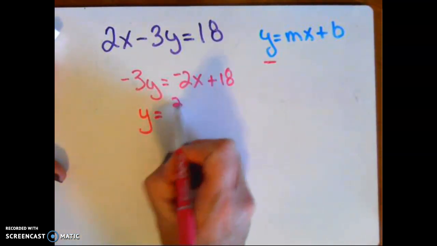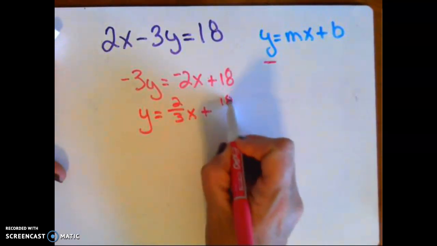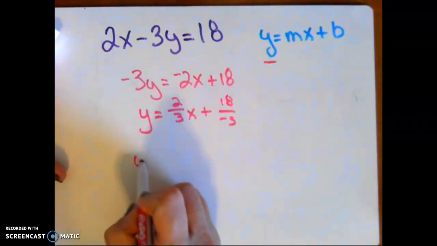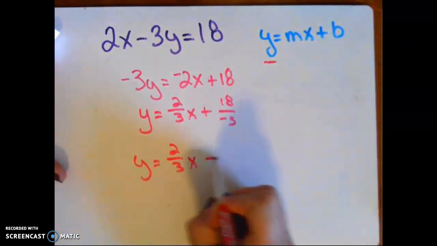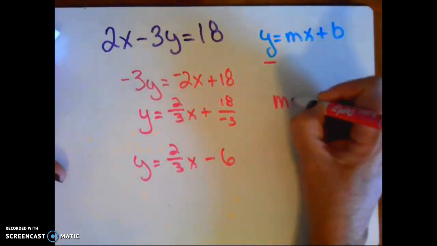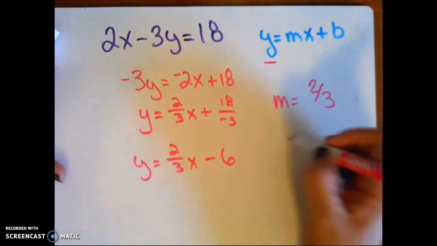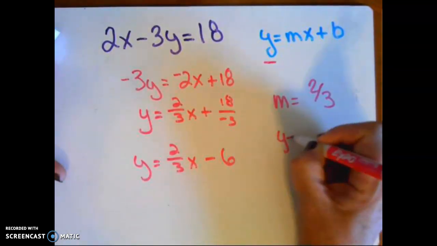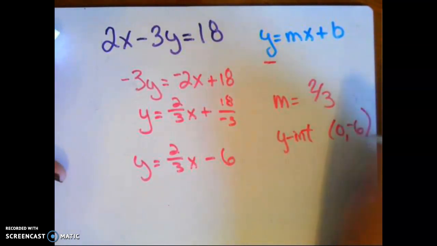So that's going to leave me with 2/3 x plus 18 over -3. And my 18 over -3 works out very nicely to be -6. So now if they ask me my slope, I know my slope is 2/3, and I know my y-intercept is (0, -6).